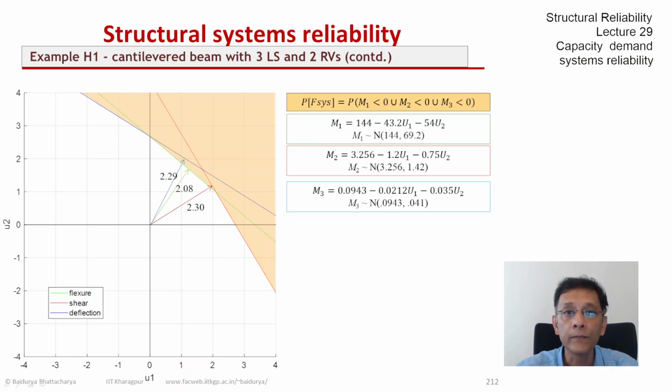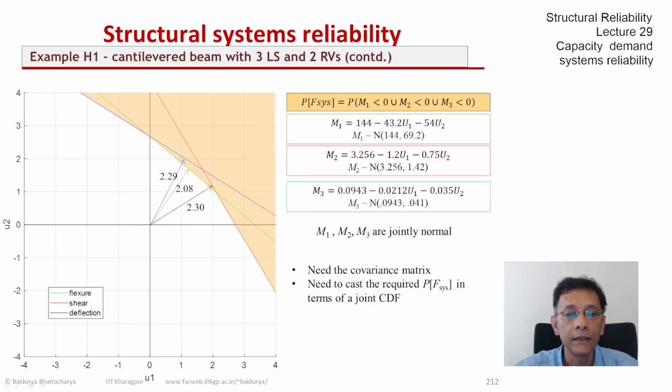So we need to find their dependence if we have to find P of F system. We need their covariance matrix, and we also need to cast this required P F system in terms of a joint CDF, because all the joint normal distribution values are presented in terms of joint CDFs, as does MATLAB.